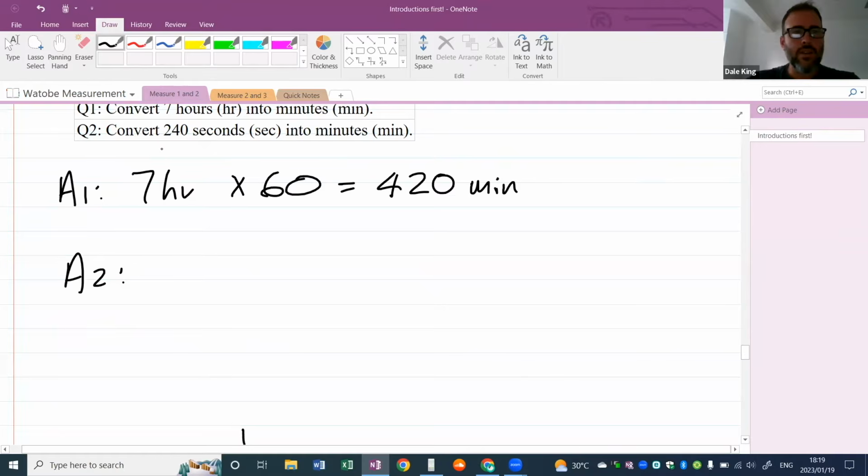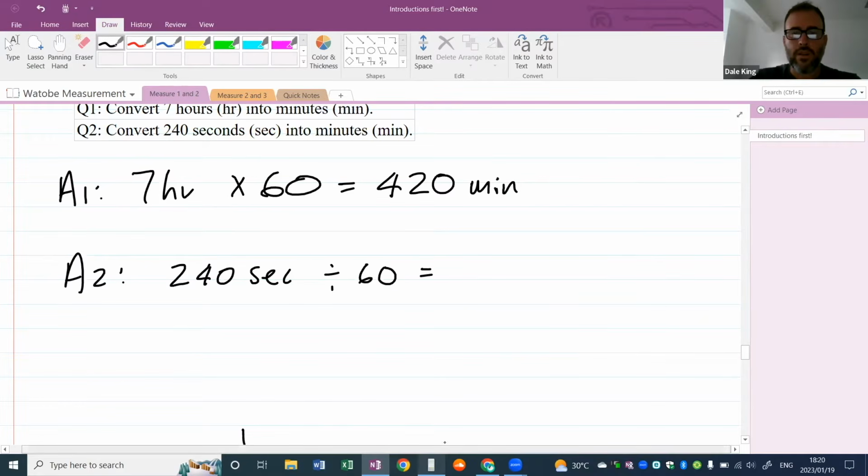Okay, here it says convert 240 seconds into minutes. Okay, so now if we're going from seconds into minutes, we're going to go up this way. We know we have to be going up to a bigger unit. We know we have to divide. Okay, so we're going to divide by 60 in this question. All right, so we just say 240 seconds divided by 60.